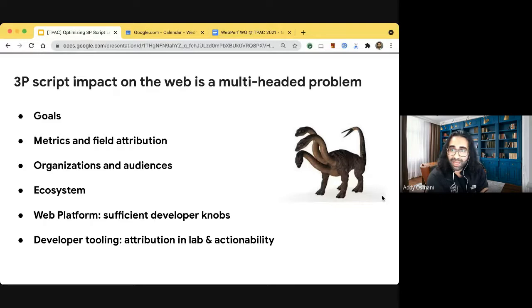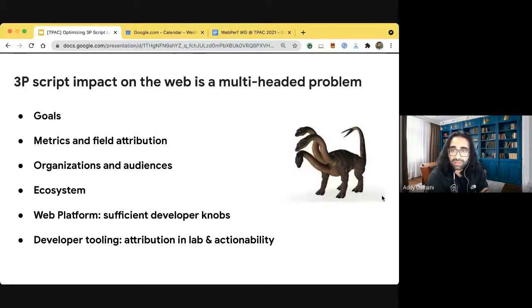The next one is metrics. Do sites have sufficient insight into costly third parties? We've been having lots of great discussions with Yoav over the last year about whether we should be increasing signals in resource timing about byte-sized visibility, improving long task attribution, or improving visibility into iframe activity.